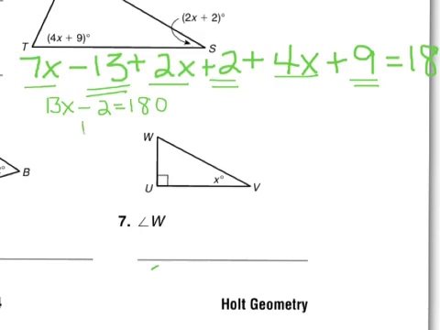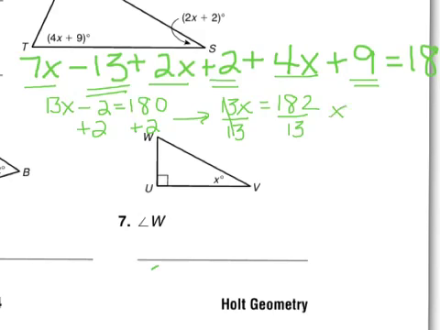Good. 13x equals 182. Told you guys I like your mistakes. Divide by the 13, and I don't know what that is. 182 divided by 13. What is it? 14? Thank you.